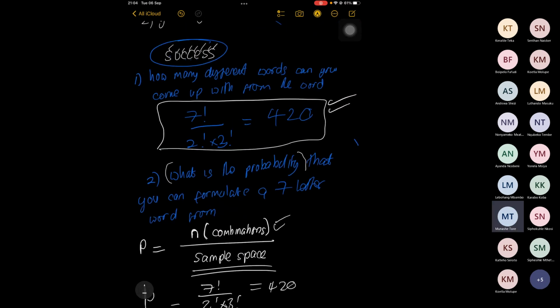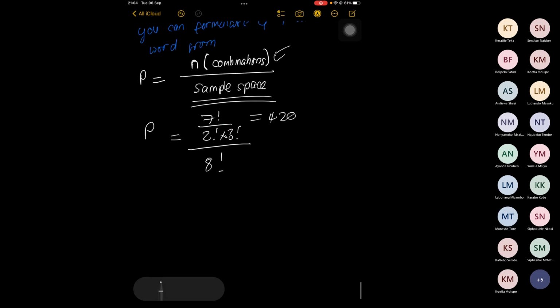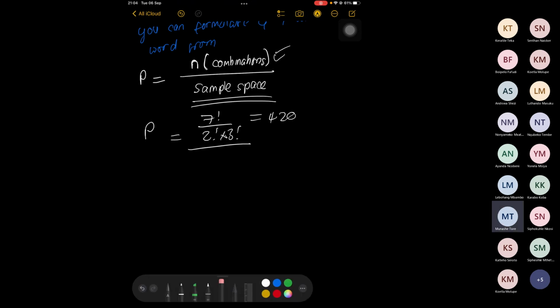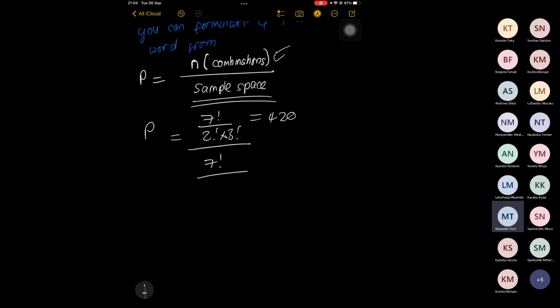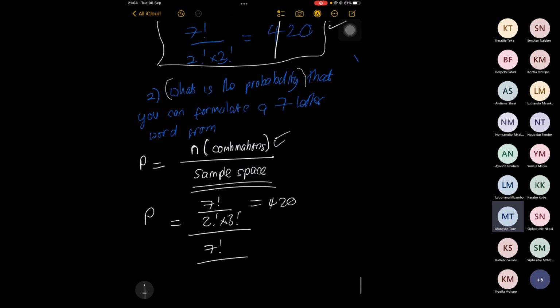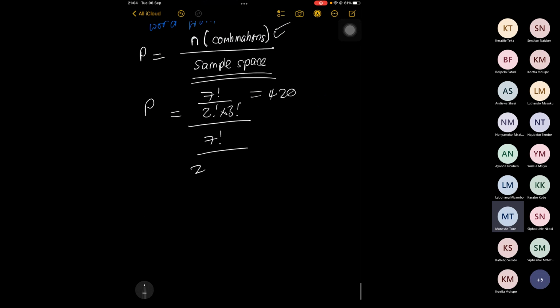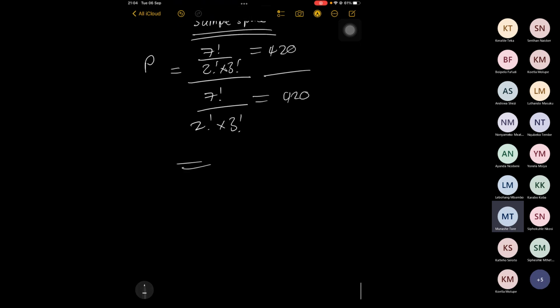It's 7. It's going to be 7 factorial divided by whatever repetitions that you have in this case, which is just 2 factorial times 3 factorial. Then you get 420 also. So in this case, your answer is 1, isn't it?